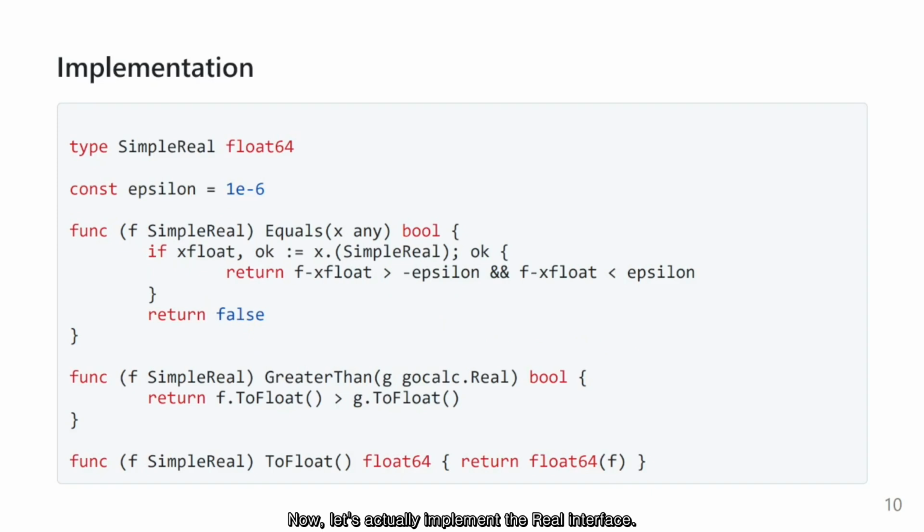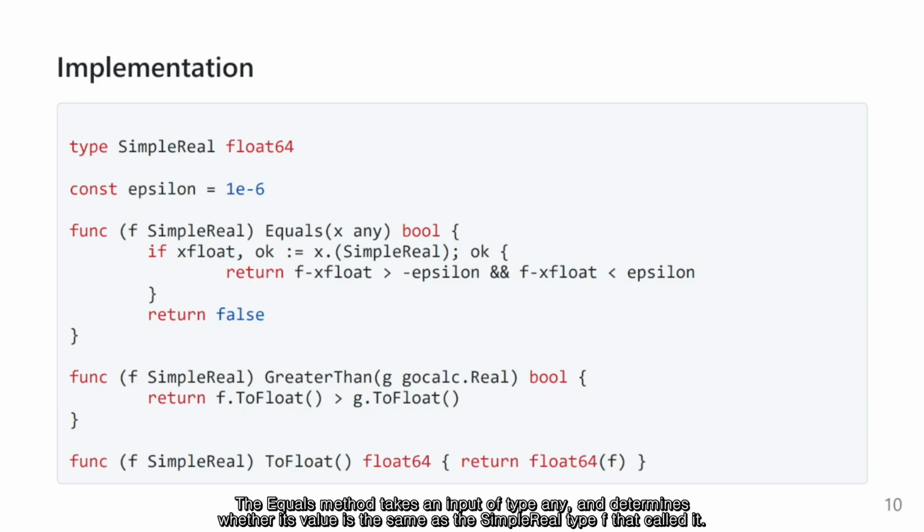Now, let's actually implement the real interface. Here, we will redefine a type called simple real as float64. First, simple real implements the element interface. It has the equals method. The equals method takes an input of type any and determines whether its value is the same as the simple real type f that calls it.